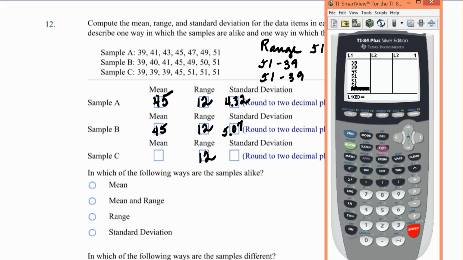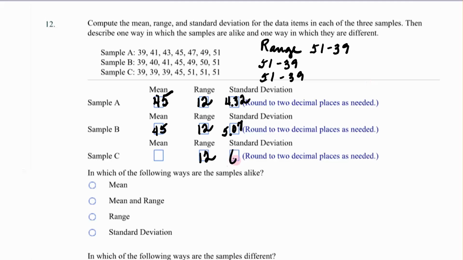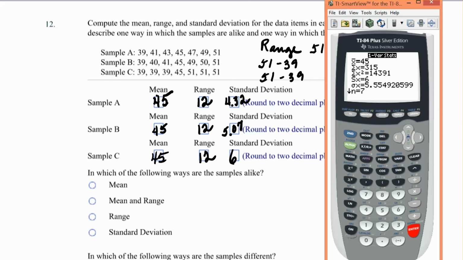All right, stat, calc, one variable. All right, I get the same mean, but my standard deviation is 6.